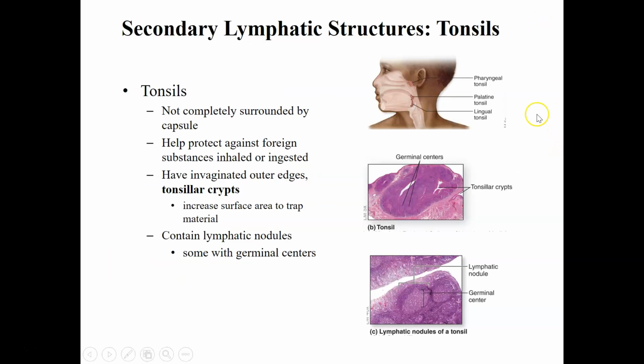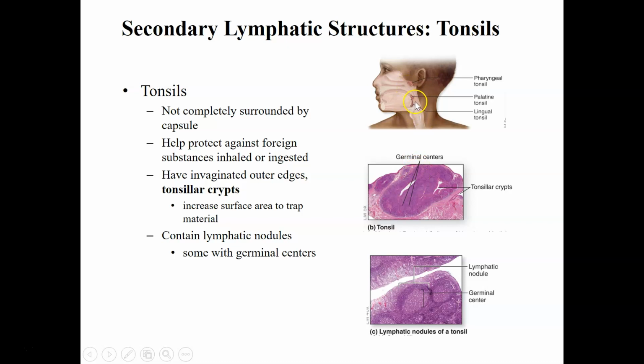All right, so this is just repeating where the location is. And here is a histological section through a tonsil, and it's showing it is partly encapsulated, but not completely encapsulated. Okay, so some of the structure is protruding out into the space.